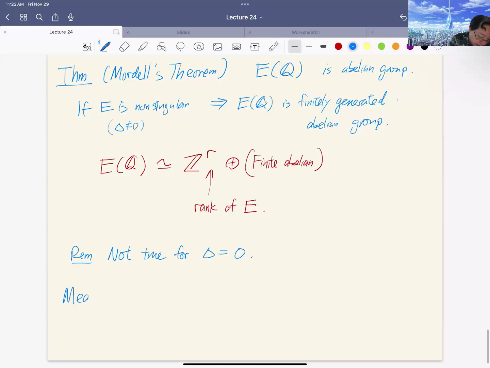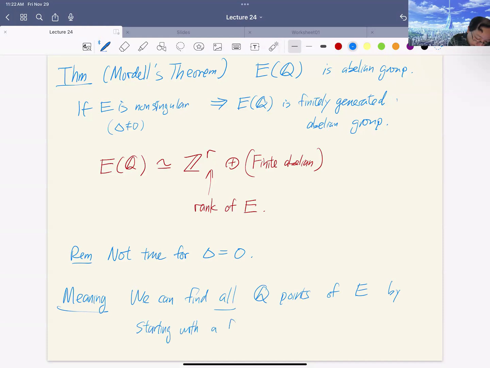The meaning of this basically is that we can find all rational points of E by starting with a finite set, and then the tangent line intersection procedure.